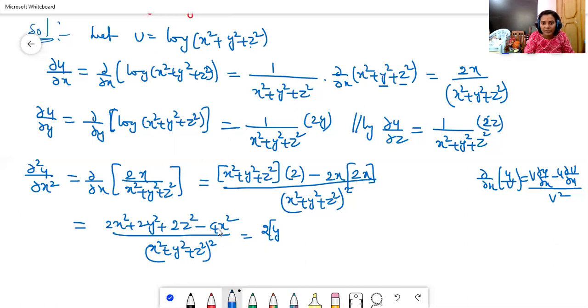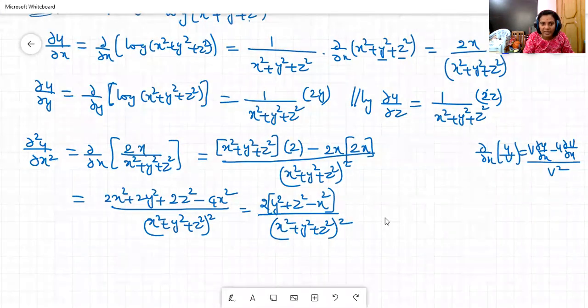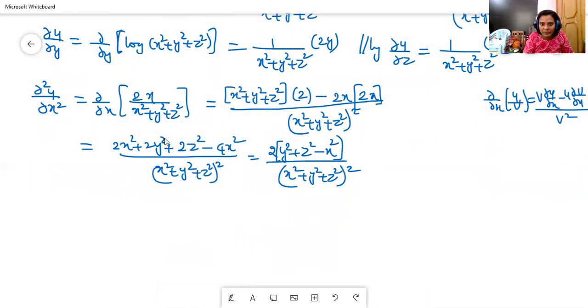Here x square minus 4x square is minus 2x square. So it is 2 into y square plus z square minus x square divided by x square plus y square plus z square whole square. Just here you can observe it. When we take the differentiation for the double of x variable, then it is minus x square.